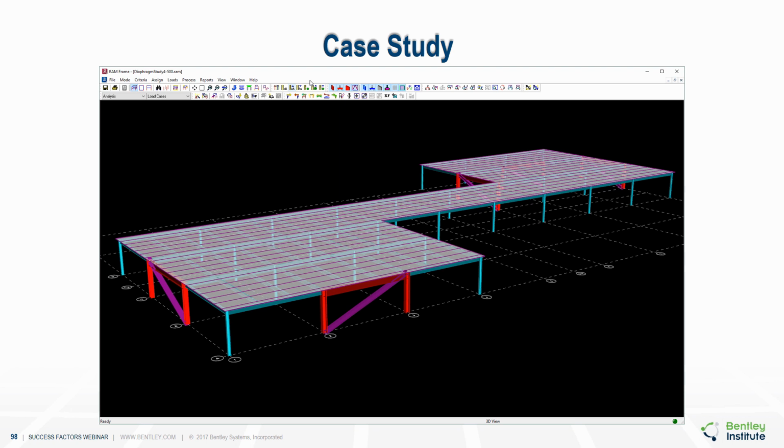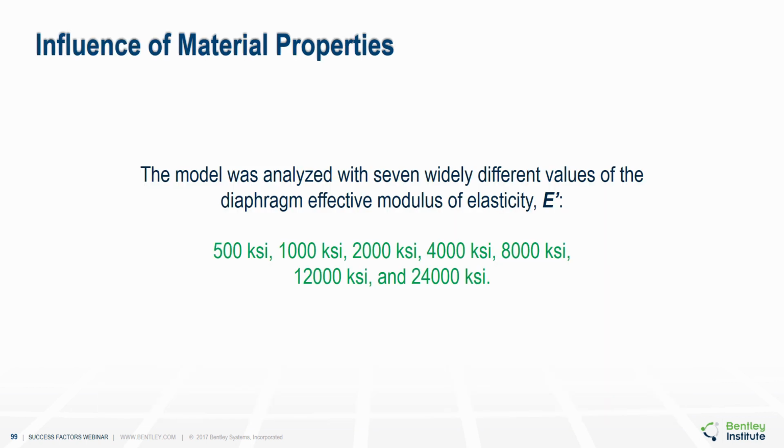So my intent was, let's go back to that initial case study. Just take the roof off of it, or the top level, and assign a bare steel deck, and then create variations of the model with varying effective E values. And so I took that model and I analyzed it with 7 widely different values of effective modulus of elasticity. 500 KSI, 1,000 KSI, all the way up to 24,000 KSI.